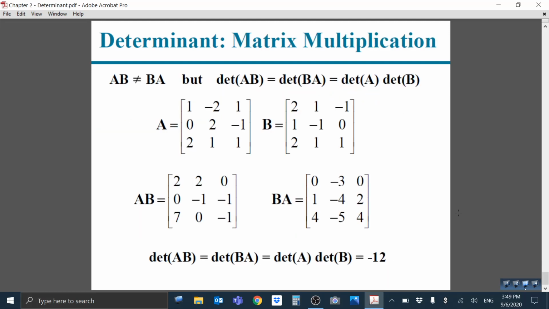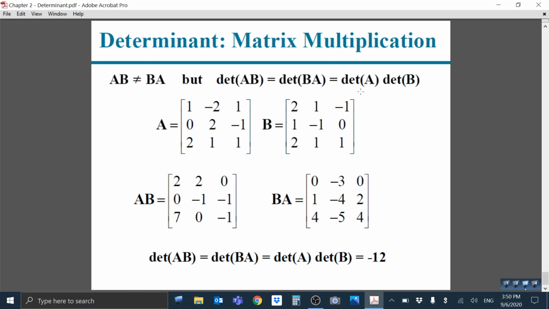And the last property we need to see is the one that says that the determinant of a product is actually the product of determinants. We remember that the product A times B is not equal to B times A. We cannot change the order of multiplication of matrices. We know that. But the determinant of A times B is the same as the determinant of B times A, because the determinant of the product is the product of determinants.